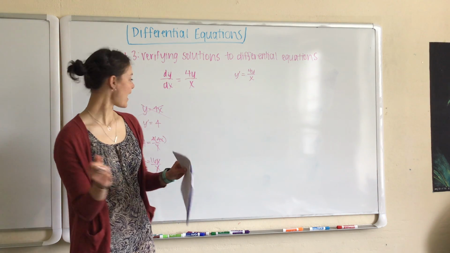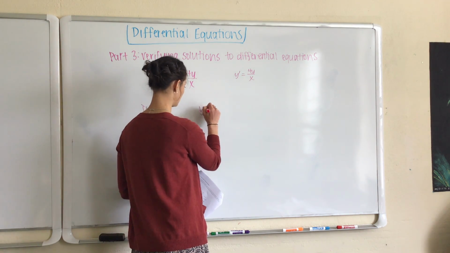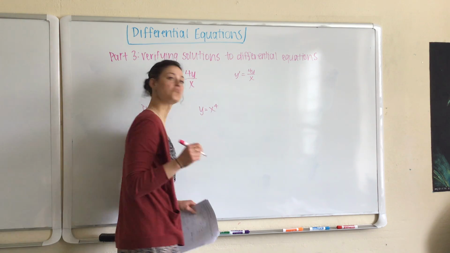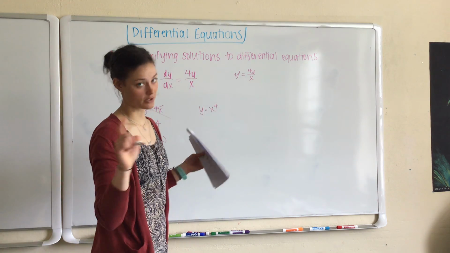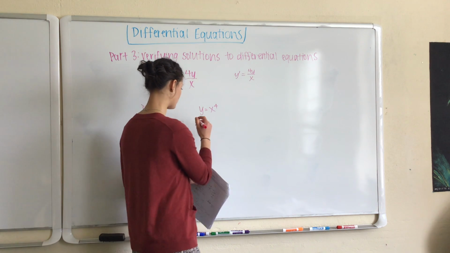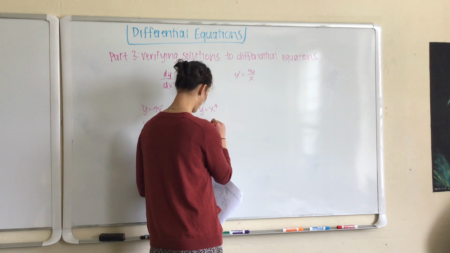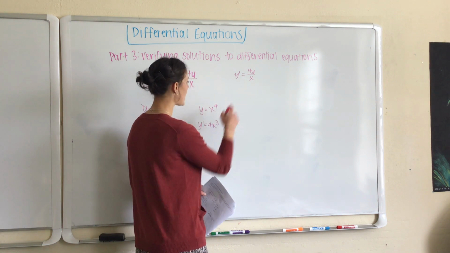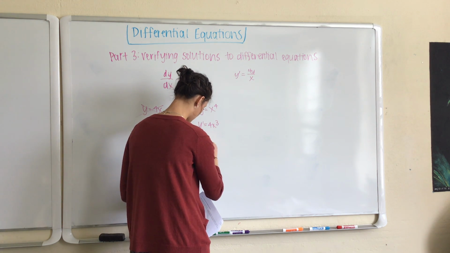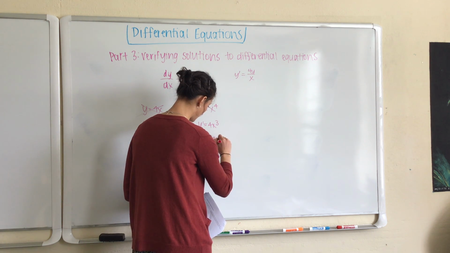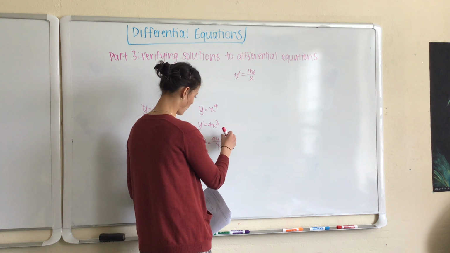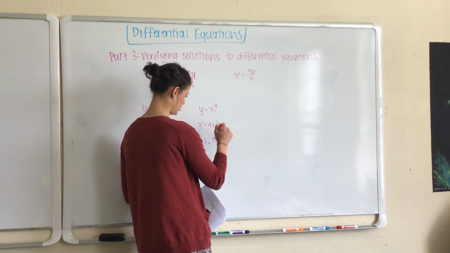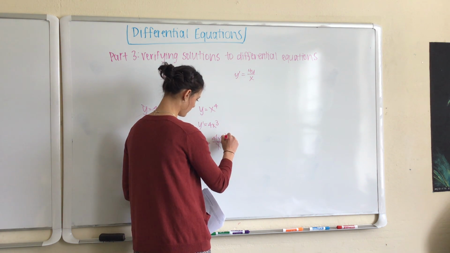All right, what about y equals x to the 4th? So again, we just want to plug and chug. But in order to do that, we need the derivative. So y prime is equal to 4x cubed. So now we have 4x cubed is equal to 4y over x. Again, we don't want that y in there, but we know that y is equal to x to the 4th.